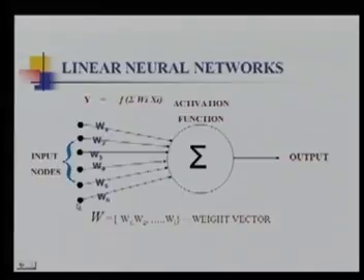There can be as many weights, and these weights are multiplied with the signal as they reach the output unit, where the output is simply the sum of the signals multiplied with the weights, and then this output goes through an activation function. This is f.